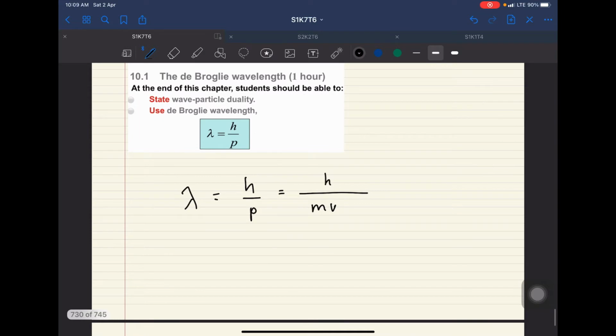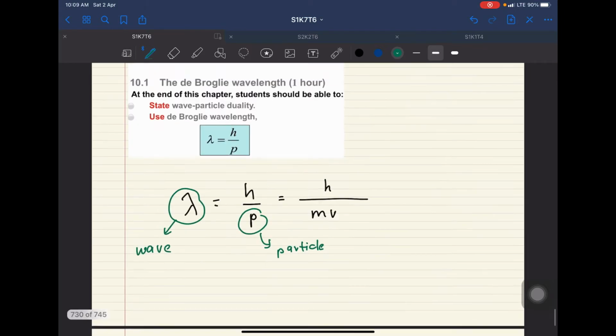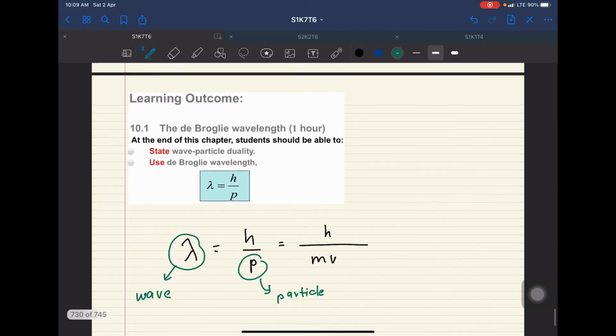Because this equation has a lambda, it shows the properties of a wave, and the fact that it has a p shows that it has the properties of a particle. This is what we call wave particle duality.